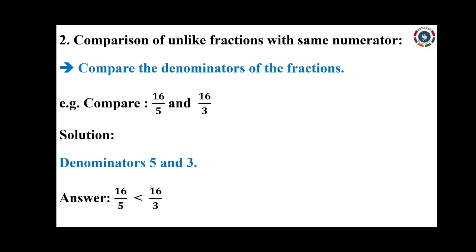Next, comparison of unlike fractions with different numerators. Here in unlike fractions, the denominators are different, with different numerators. So, the numerators are different and the denominators are also different.